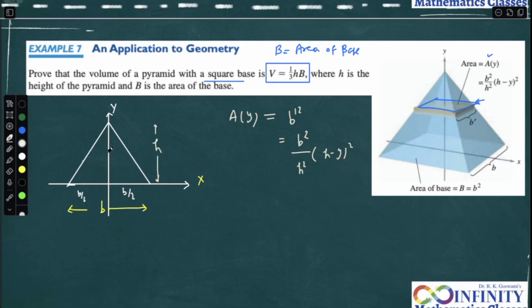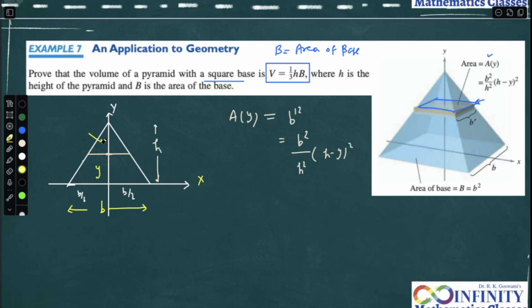Just suppose this cross section is at this height. If this is b, I can tell you this whole length is going to be your b prime. Now the question is, just suppose this is going to be my y length from 0 to y.